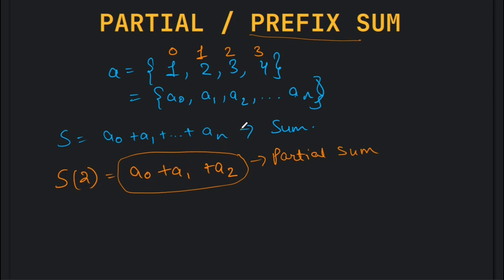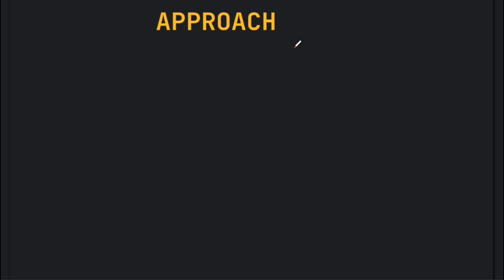The name prefix is from starting, right? So prefix is something that is before it. So if we have a string, prefix is the starting part. So similarly here, prefix is the sum. Now we can talk about the approach of solving this problem.